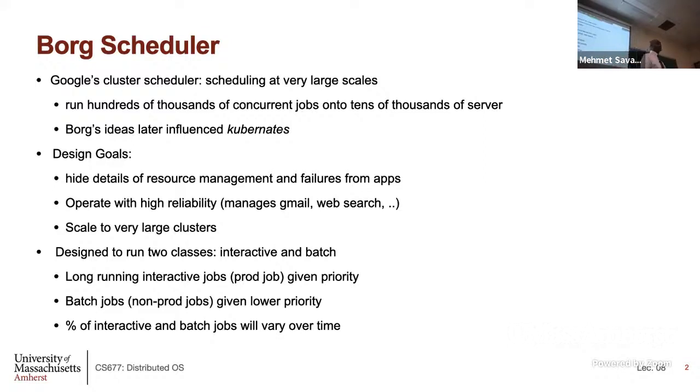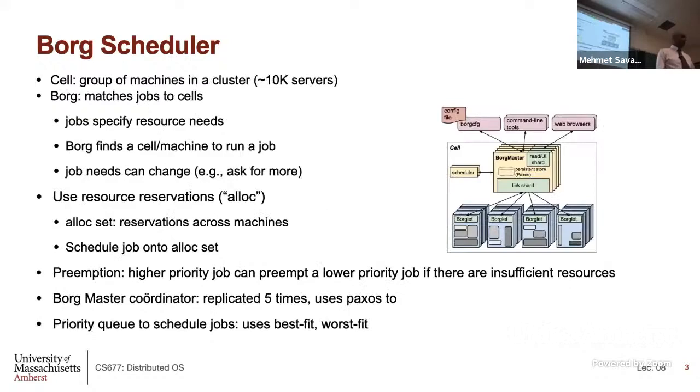These could be just things that are being trained in the background or all kinds of other things that need to run. Batch jobs are given lower priority. So if interactive workload goes up, you essentially can even terminate some of the batch jobs, reclaim resources, and give them to interactive ones. So interactive jobs always have higher priority in the Borg scheduler.